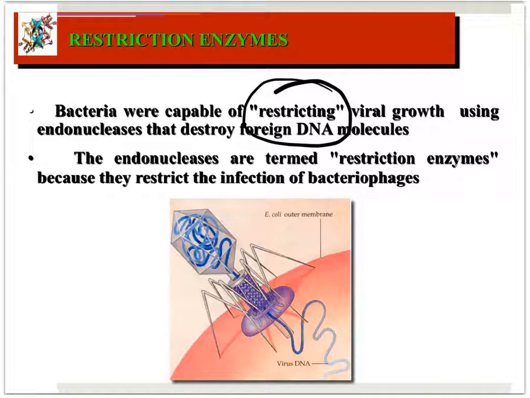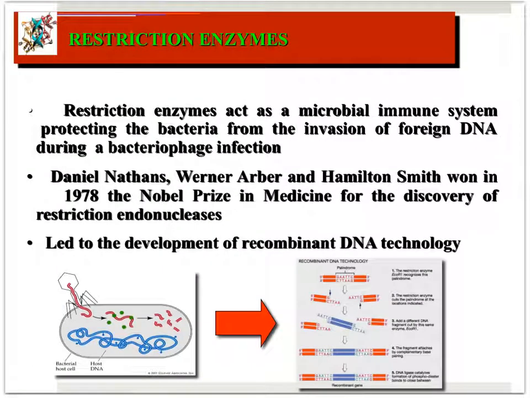So these are endonucleases that cut or chop the bacteriophage DNA. Now we use it as a tool. Daniel Nathans and his team in 1978 won a Nobel Prize for medicine for the discovery of these restriction endonucleases. Because bacteria produce them, we human beings, scientists, came to use them as a tool.